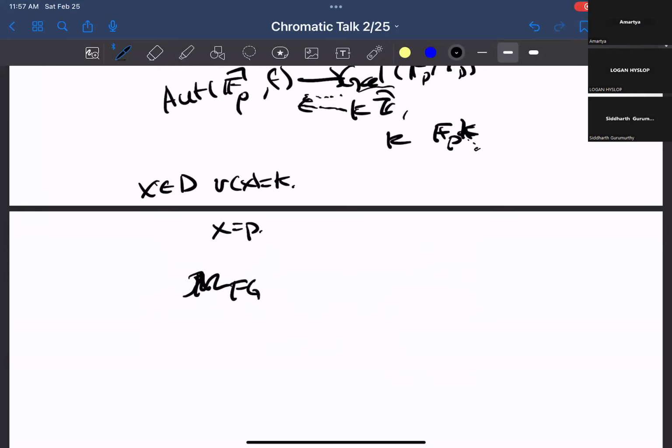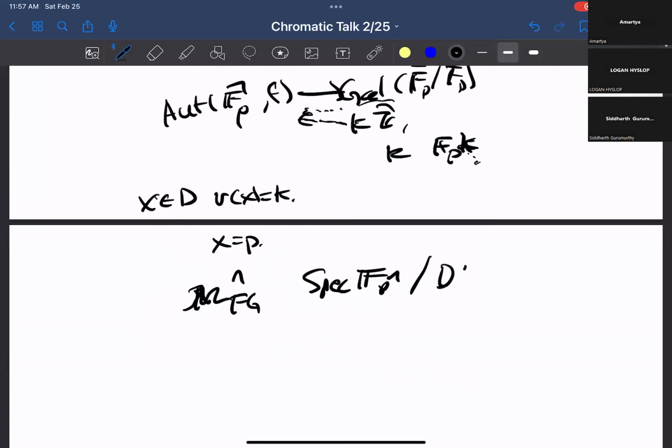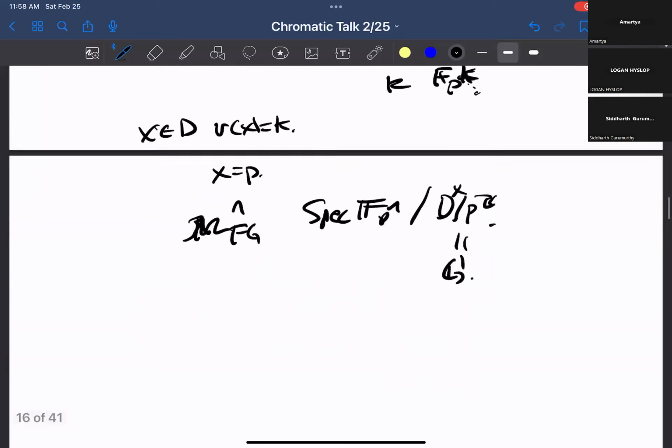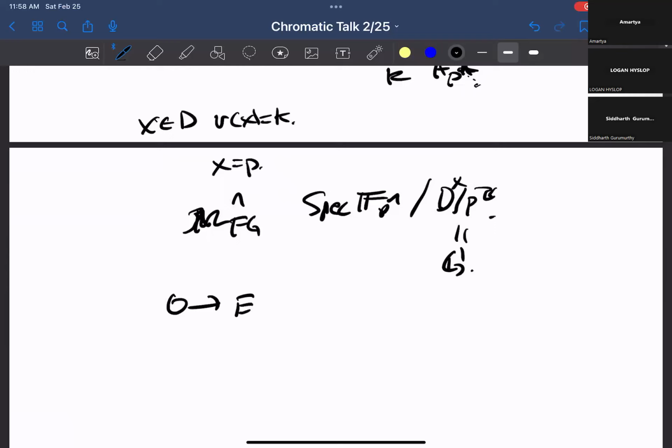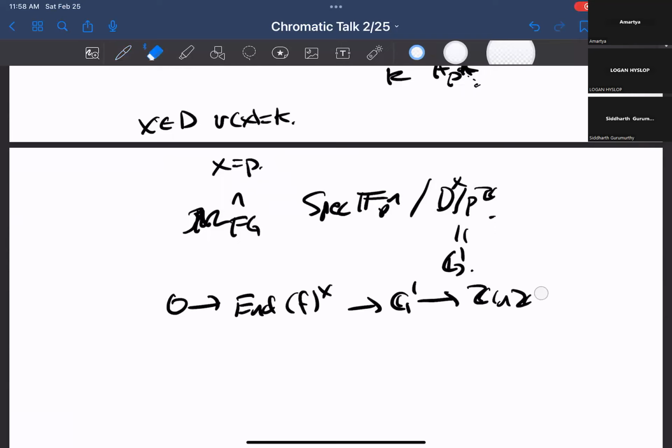And in particular, we have a much simpler presentation of our formal group law classifier here. We can take the spectrum of FP to the n, and we can quotient out by Dx over these, which we're going to call this group G prime. So that we're going to get an exact sequence G prime over to Z mod nZ to 0 based on the splitting above.